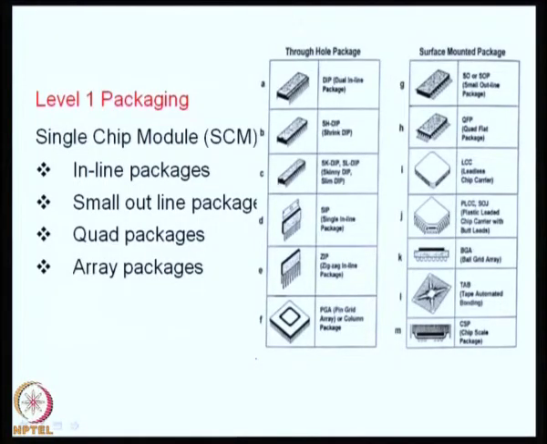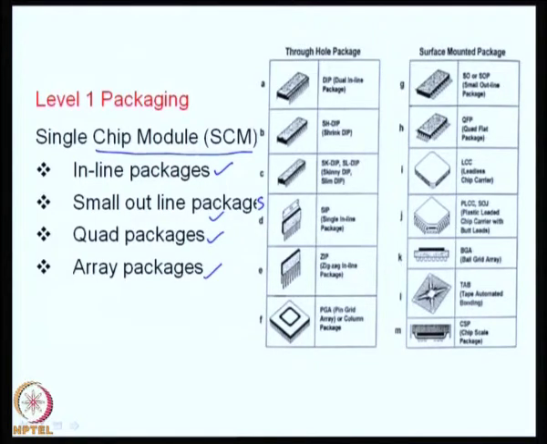Level 1 packaging will involve the formation of packages from these dies. Okay, so, you have what is known as a single chip module, SCM, single chip module or single chip packages. In that, the classifications are inline packages, small outline packages, quad packages and array packages.